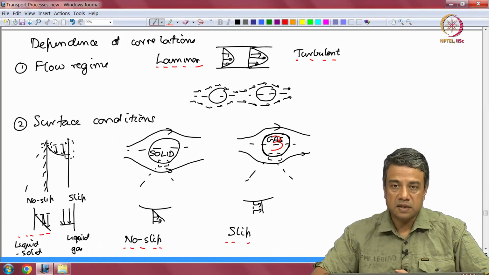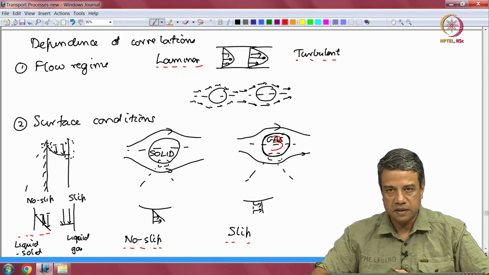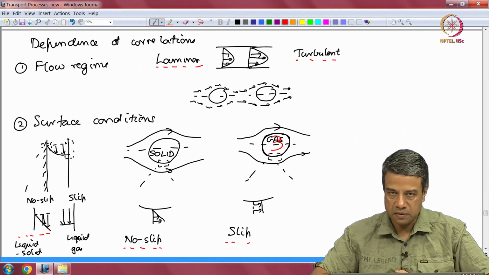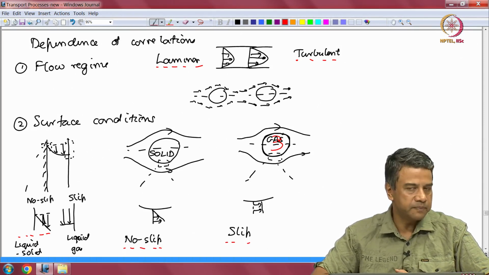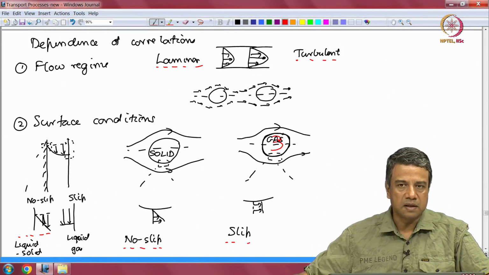A 0 shear stress condition is applicable at a liquid gas interface, where the shear stress along the surface has to be equal to 0 because the viscosity of the gas is very much smaller than the viscosity of the liquid. So, these were the conditions that determine what correlations are to be used in different situations.